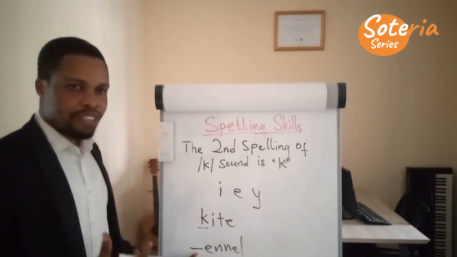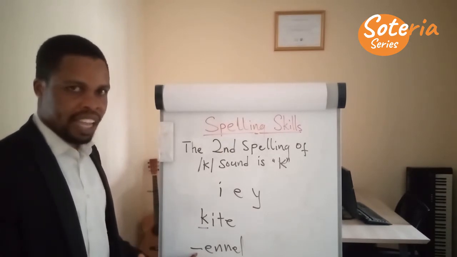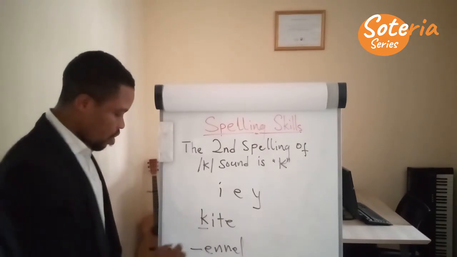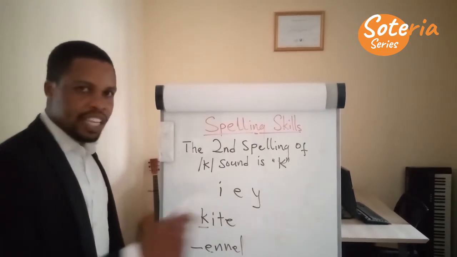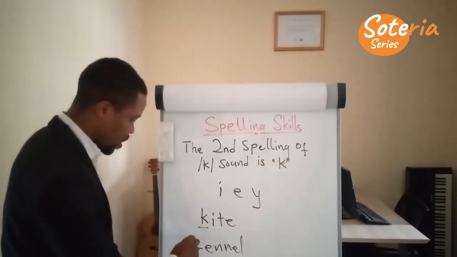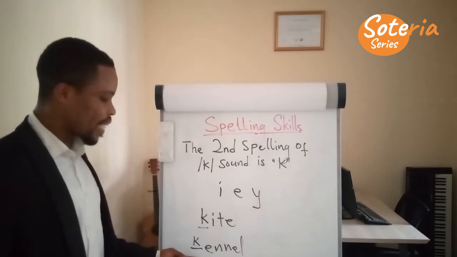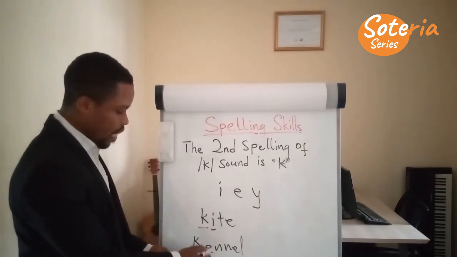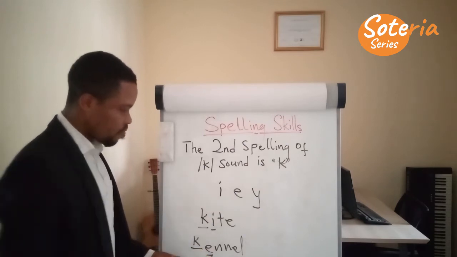Kennel. So after the K sound, we can hear E, kennel. So because of this vowel, the K sound will be spelled with K. So that is why kennel is spelled this way. So we have seen an example with the vowel I and then the E.